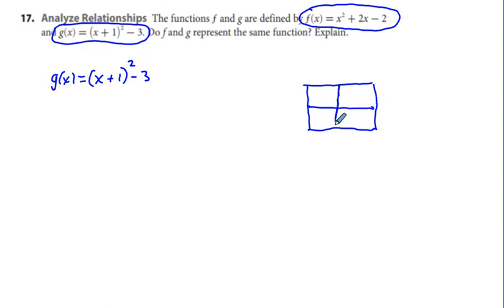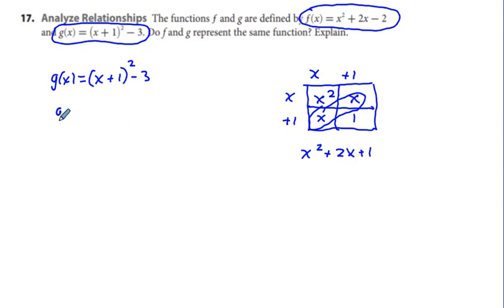So we have x plus 1 on the top and x plus 1 on the side. So we get x squared. In the upper right corner we get 1 times x or x. In the left corner we get 1 times x or x. In the lower right corner we get 1 times 1 or 1. And we add these like terms together. We're going to get x squared plus 2x plus 1.